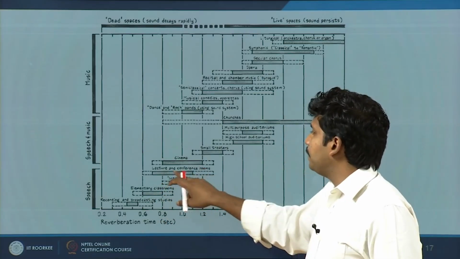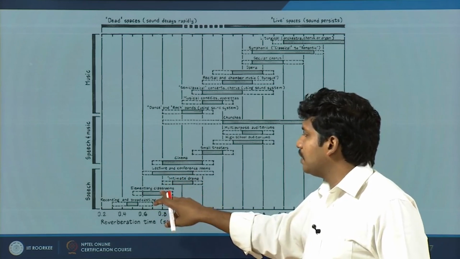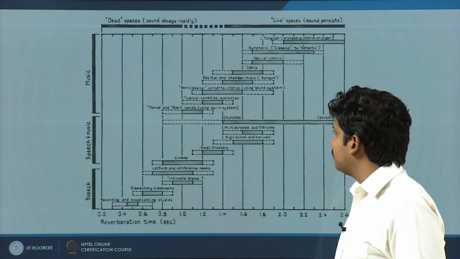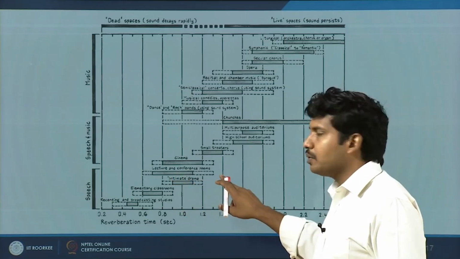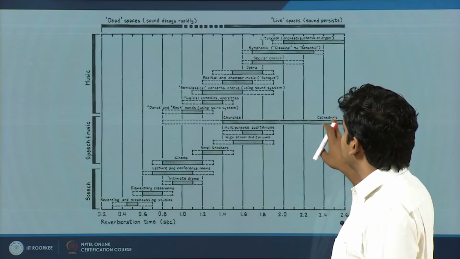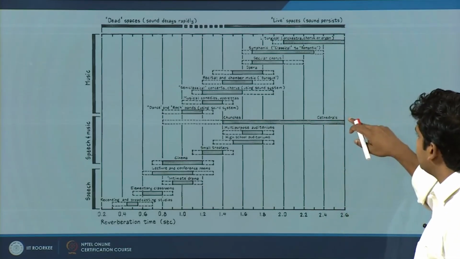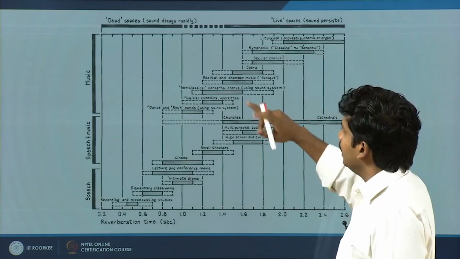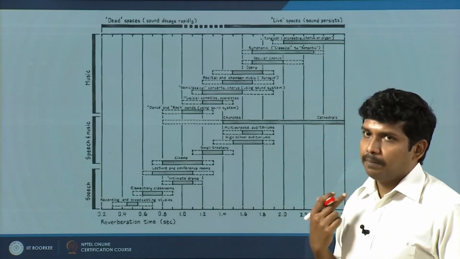As you go to lecture rooms or conference rooms, instead of small classrooms, slightly larger ones, then you can go up to 1.2, 1.3 seconds. As it goes to cathedrals, you will find as high as 2.6. Similarly, for symphony and orchestras, it depends on what kind of play is performed.